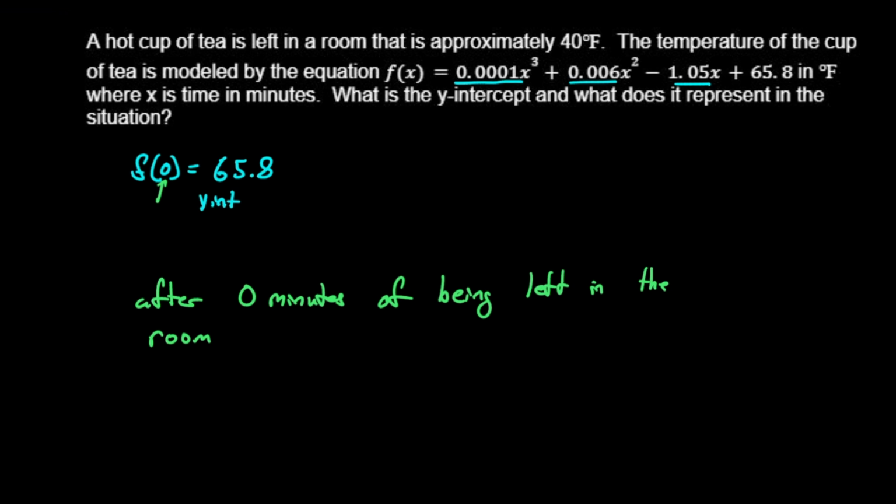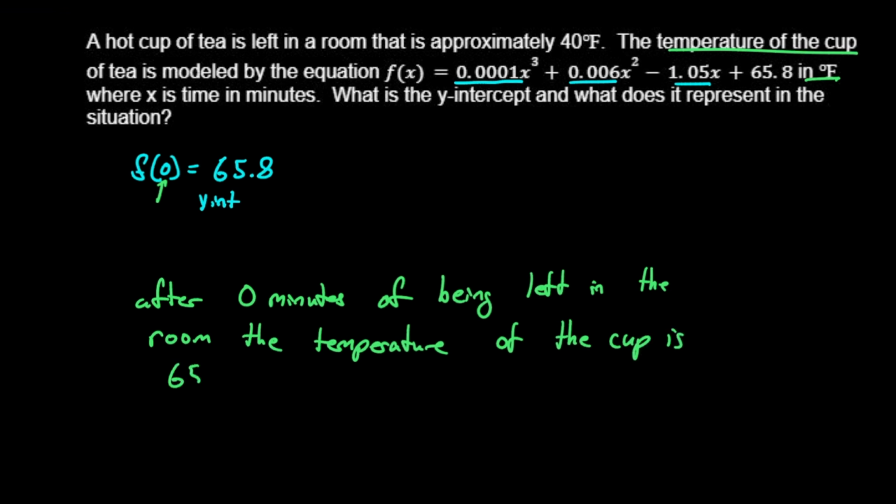Y represents the temperature in degrees Fahrenheit. So the temperature of the cup is, well, the y value is 65.8, and the units were degrees Fahrenheit. So after 0 minutes of being left in the room, the temperature of the cup is 65.8 degrees Fahrenheit. And that's the representation of the y-intercept.